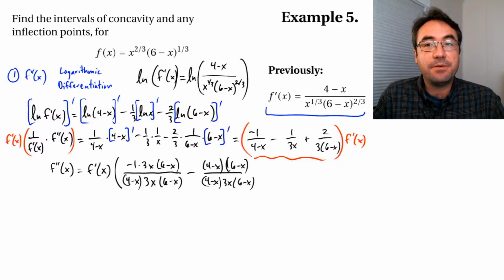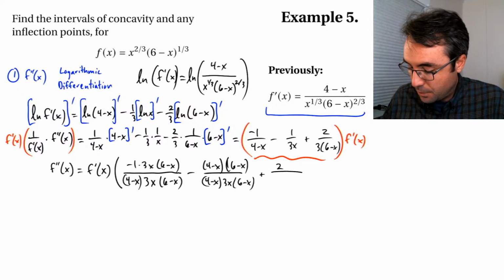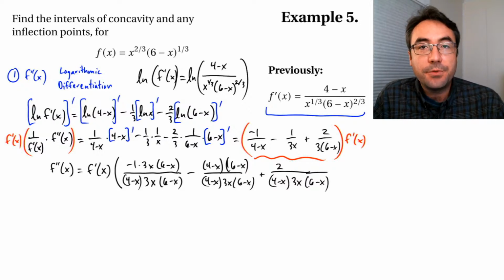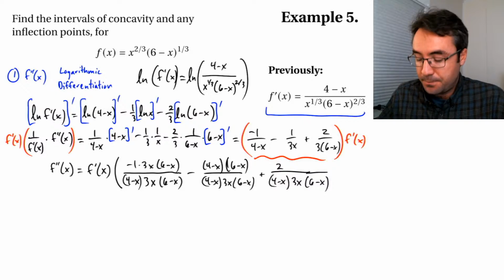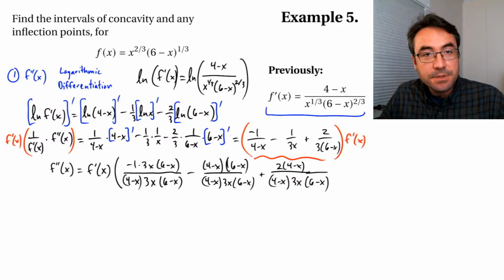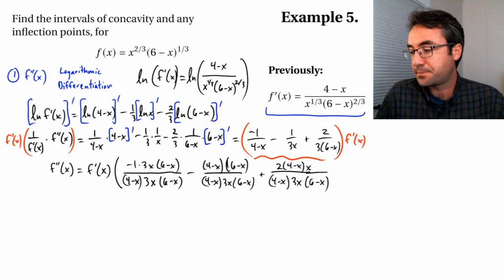And then finally, for that very last fraction, we had 2 over, well, we want to have the 4 minus x, the 3x, and the 6 minus x. So what do we have to put there in the numerator? Well, we had to put in the 4 minus x. The 3 was there, but we also had to throw in an x.